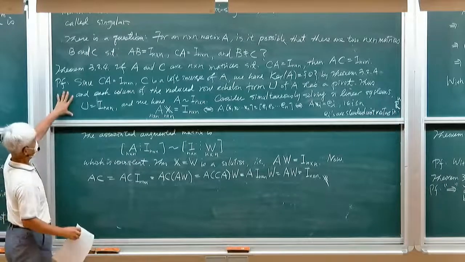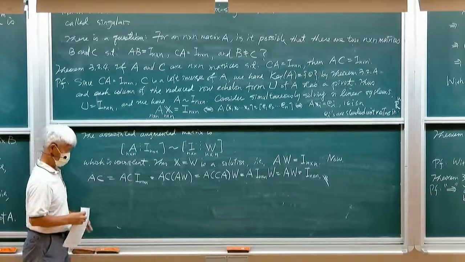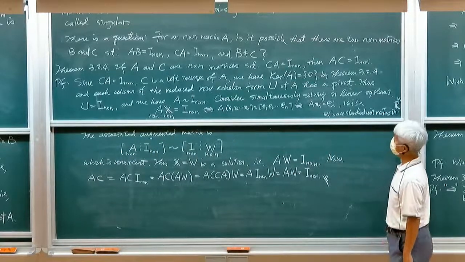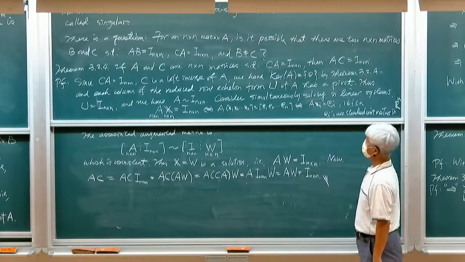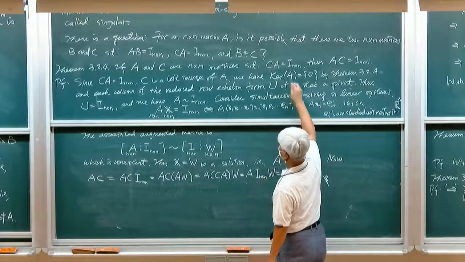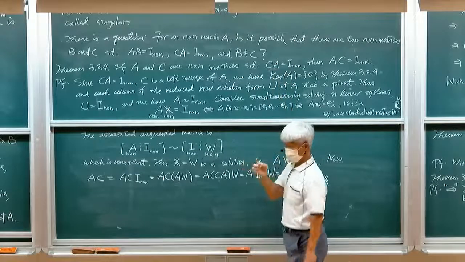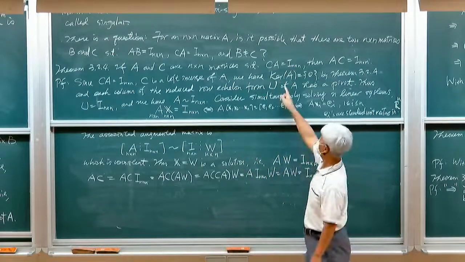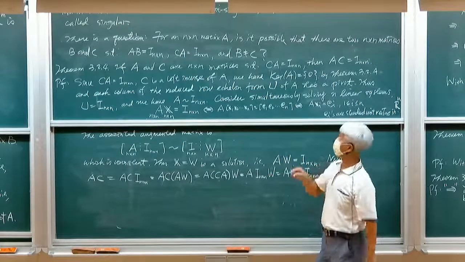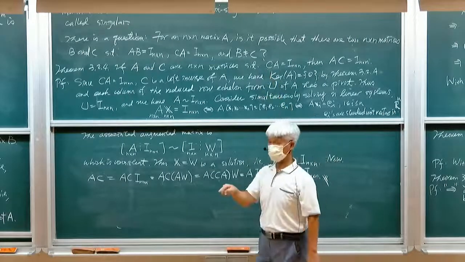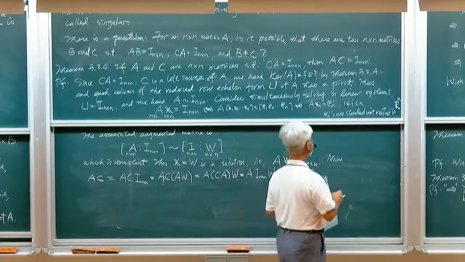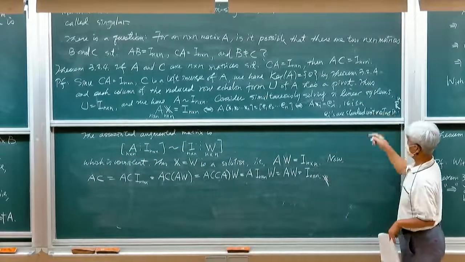All right, so the theorem has a significant consequence. You see that if a square matrix A has a left inverse, this left inverse must be a right inverse of A, okay?